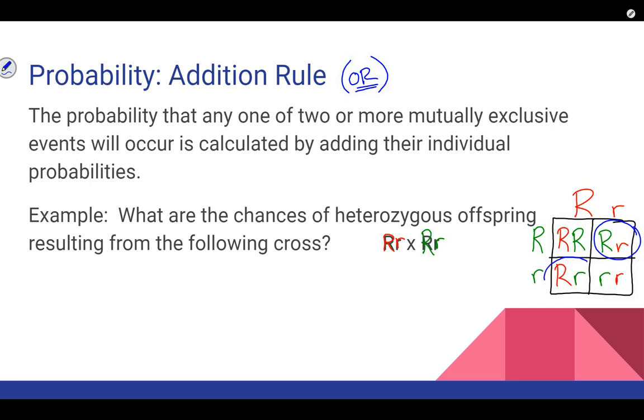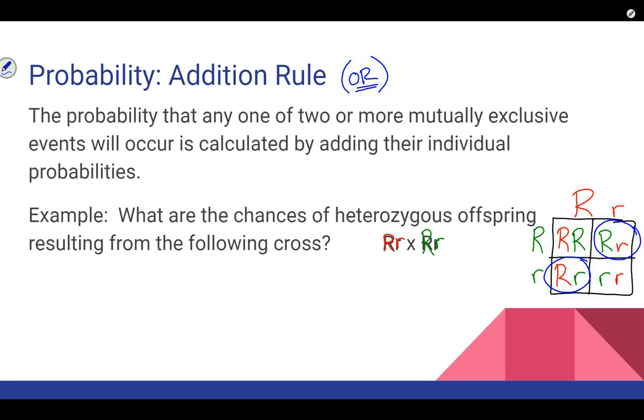This one and this one. But the reason that there are 2 possible ways out of 4 to get a heterozygote is that they're getting the alleles from different parents, right? The one on the top got the dominant allele from the green parent. The one on the bottom got the dominant allele from the red parent.